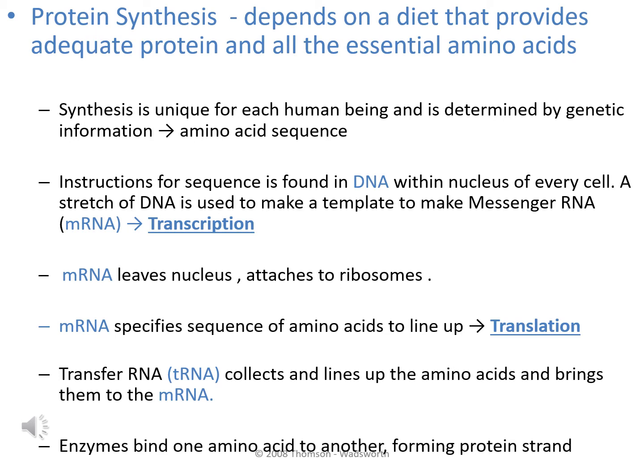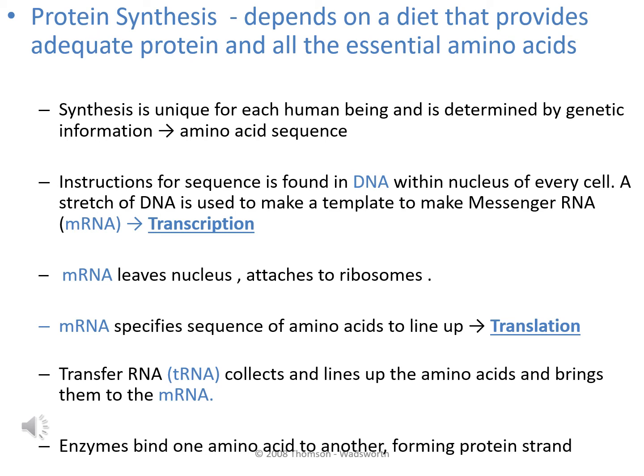The messenger RNA does leave the nucleus, and then it attaches itself to the ribosome of the cell. Here it has the specific sequence of amino acids necessary to line up to synthesize a specific body protein.